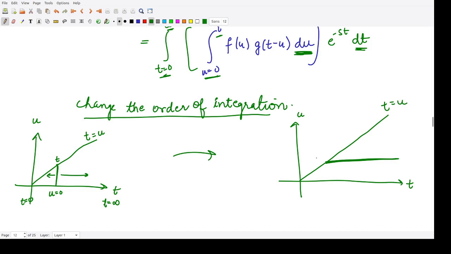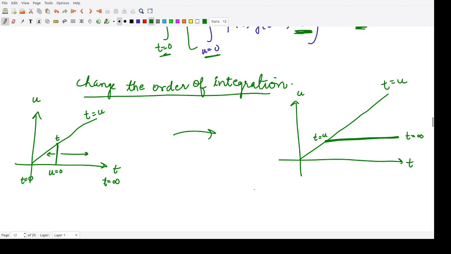At this particular point the value of t is equal to u, and at the right corner of this horizontal line it would be infinity. So we will first take the limits of t, t varying from u to infinity with respect to t, and then we will take the limits of u.